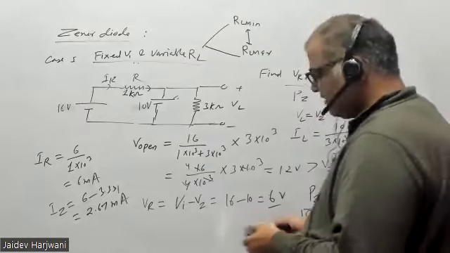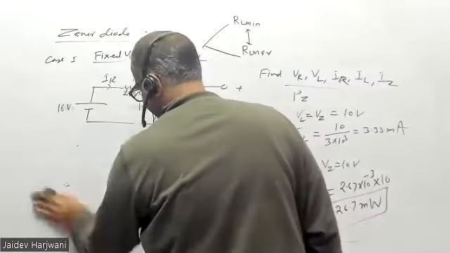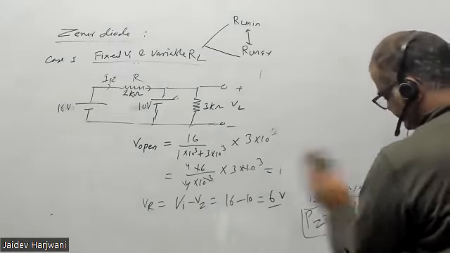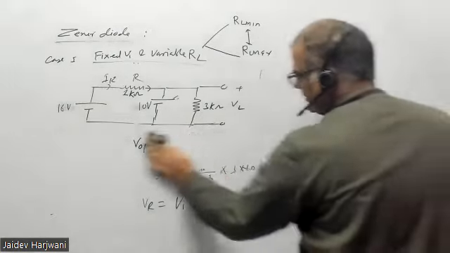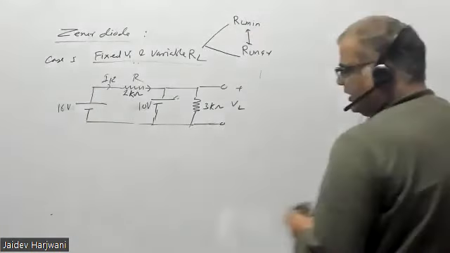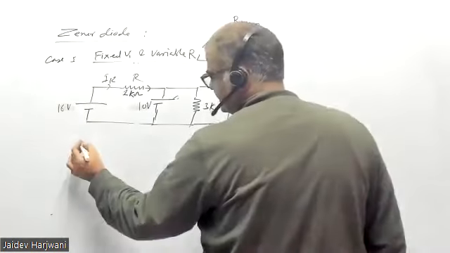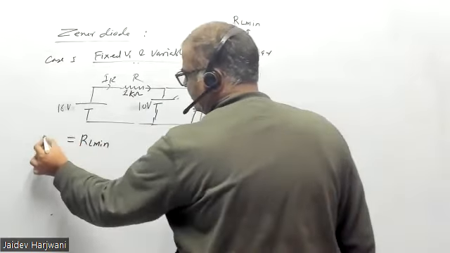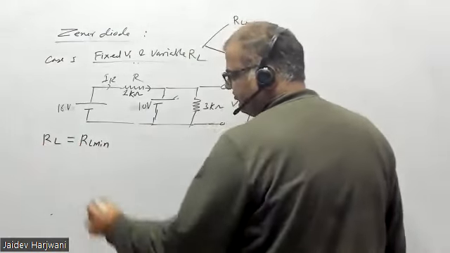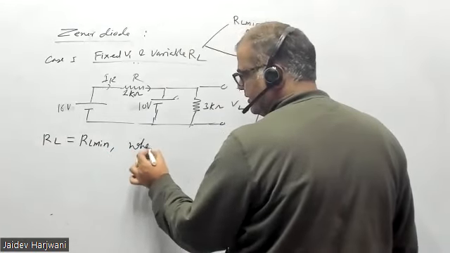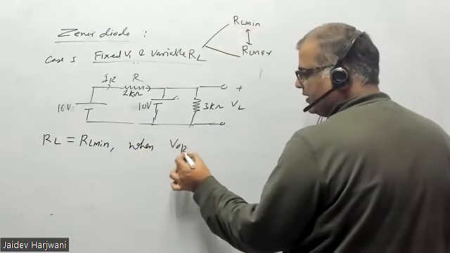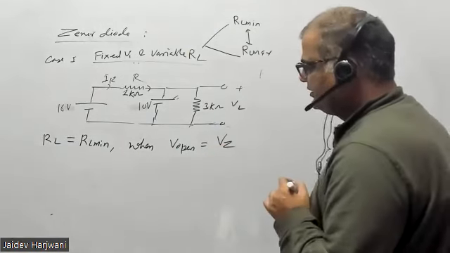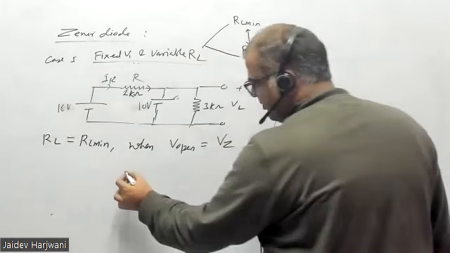So what is the definition of RL minimum? RL equals RL minimum when V open is exactly equal to Vz. Now what is the V open formula?